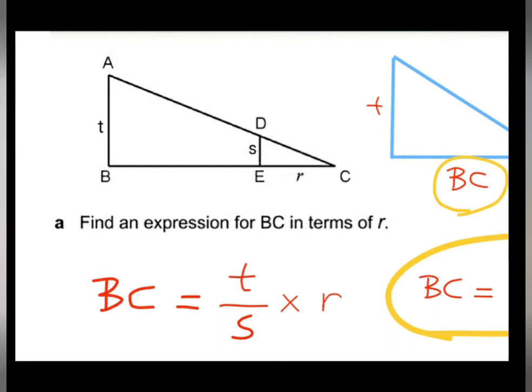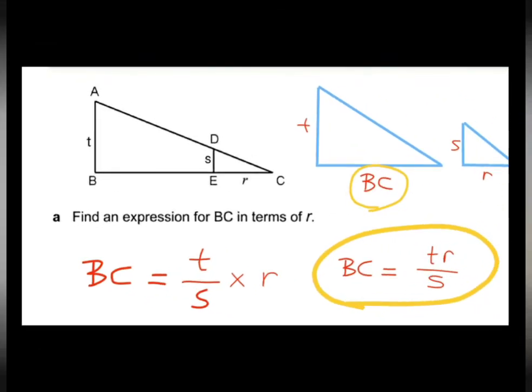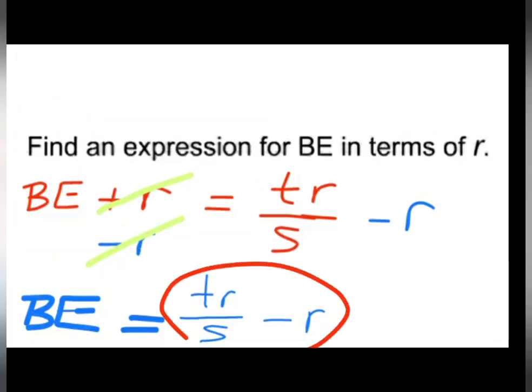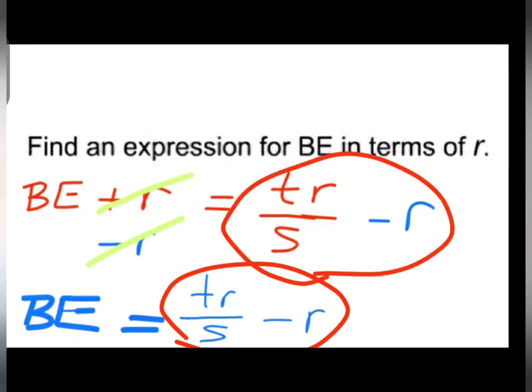And we found BE using question B. And we said that BE is what? Let me show it to you. We said that BE equals TR divided by S minus R. Very good. Now, we want to take this because the question C wants BE to EC. Now, let's take this and answer question C with it.